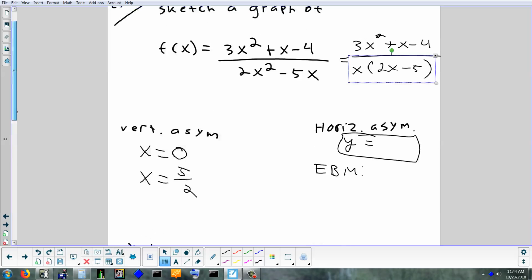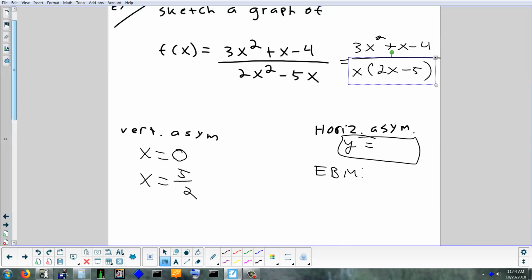All right, what's my EBM going to be? What over what? It's going to be 3x squared over 2x squared.